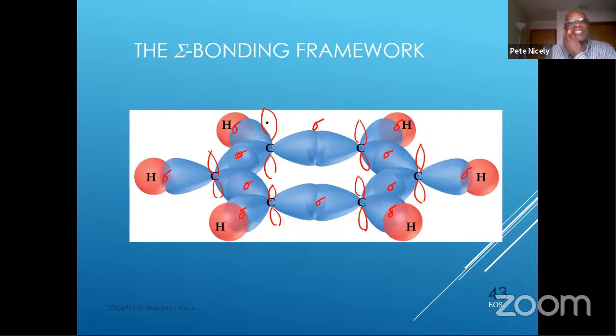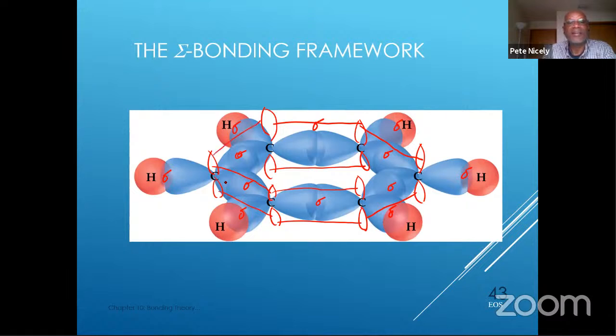And then what's going to happen is that the p orbitals will overlap above and below the plane of the sigma framework. So one overlap will occur here, another will overlap here, same thing down here, and then here, and here, and then here, and here.